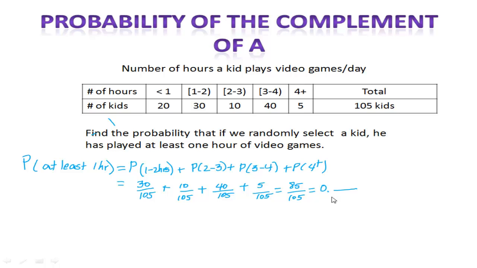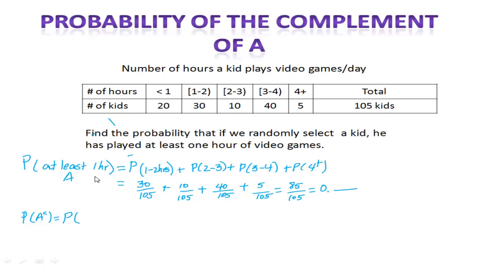Now the other way to approach this problem is using the complement of A. Remember, when we're talking about A, we're talking about the event we're interested in. So the probability of the complement of A would be finding the probability that the kid plays less than an hour, right?